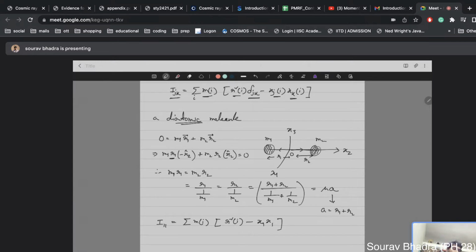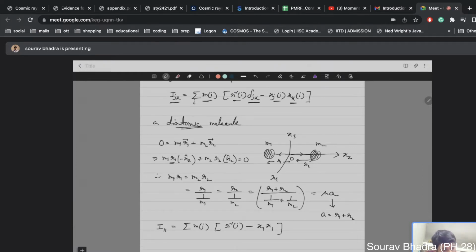Because we are considering the ii component, that is the 1 component. As you see, our molecule is oriented along the x2 direction only. So there is no x1 coordinate in this particular system.